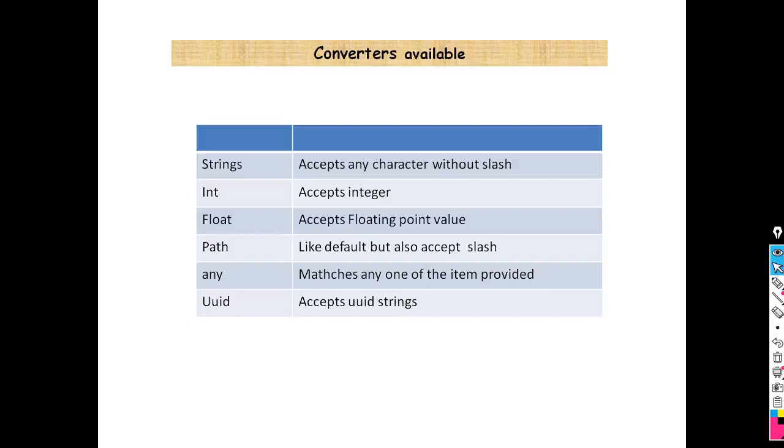Any is used to match any one item from a list, and UUID also we can use with the help of this variable name. UUID means Universal Unique Identifier. Path, any and UUID are the next part in your syllabus. So we will see how string, integer and float variables can be passed to the function and URL.